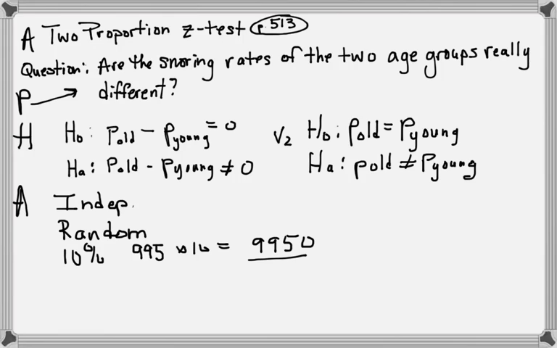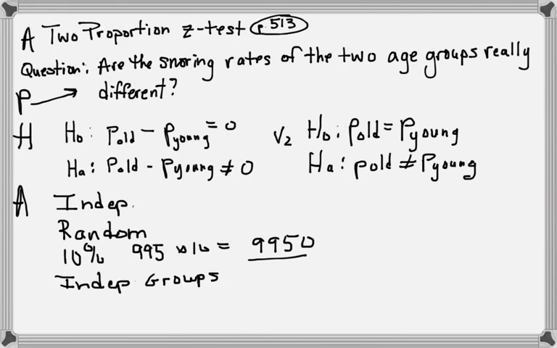Okay, here's our new one, independent groups. And this is going to always be around when you're looking at your two sample situations. What we don't want to happen is we don't want the young group to influence the older group. If that's the case, then you have probably more like a matched pairs design.